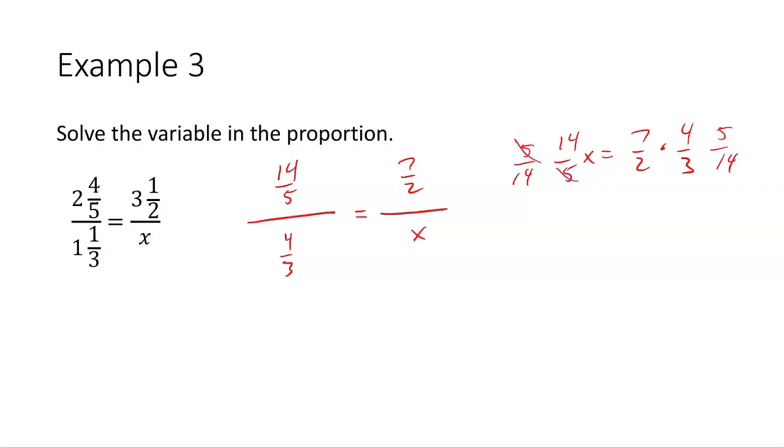So what will happen on the left is we'll be left with x equal to 7/2 times 4/3 times 5/14. So 7 goes into 14 twice, and 2 times 2 goes into 4 once. So it looks like we're left with x equal to 5 over 3, which is 1 2/3.